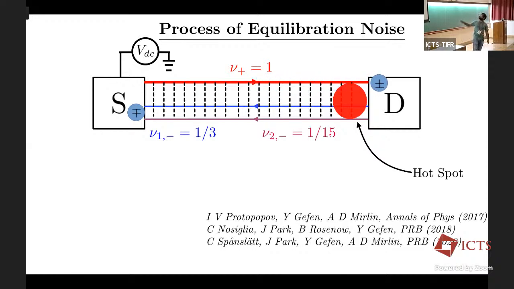So now the drain will randomly, sometimes, have a plus charge, and sometimes a minus charge. And that will create noise. So the noise is created very, very close to the source, which I will call a noise spot.